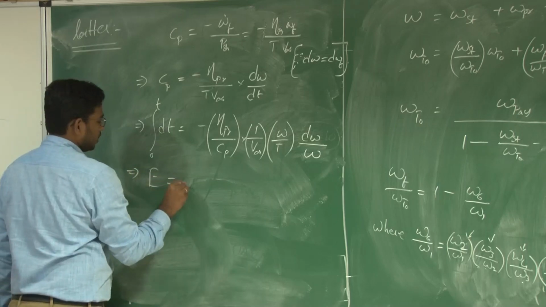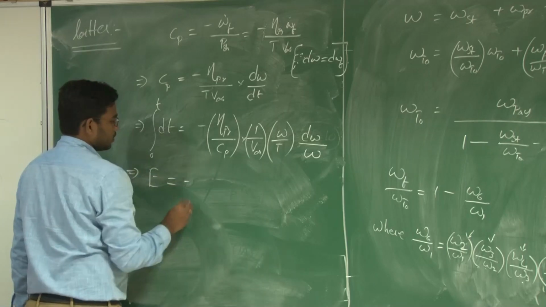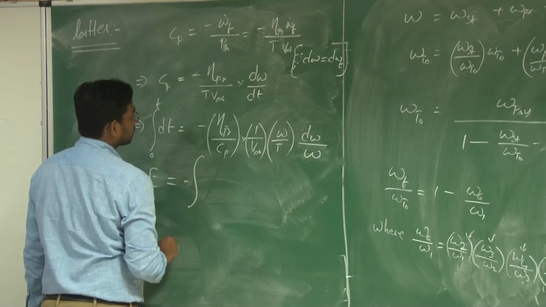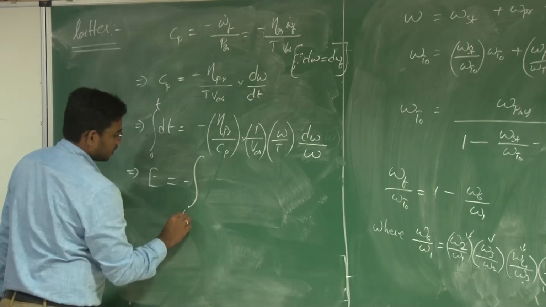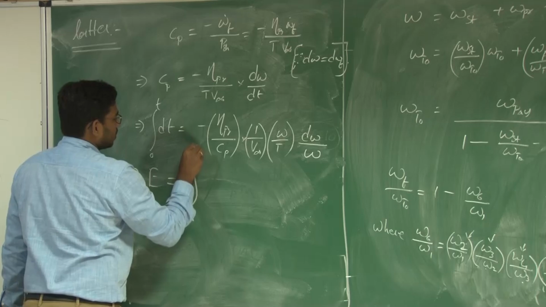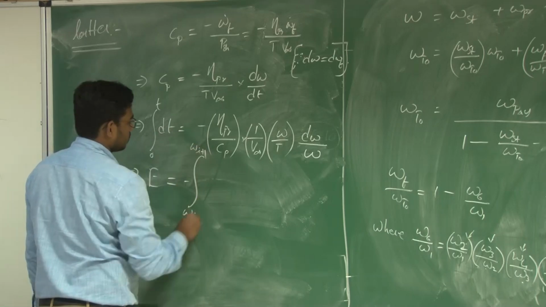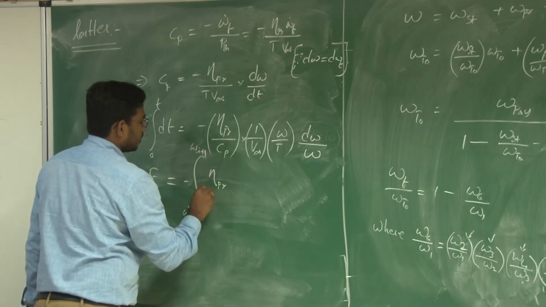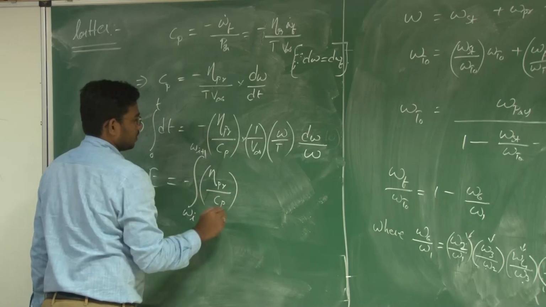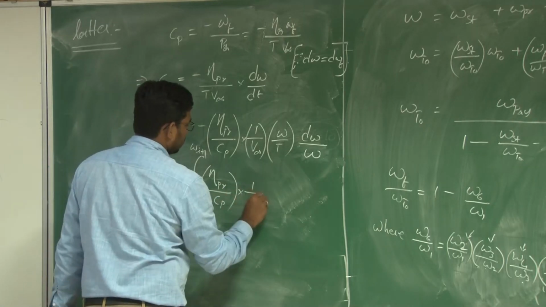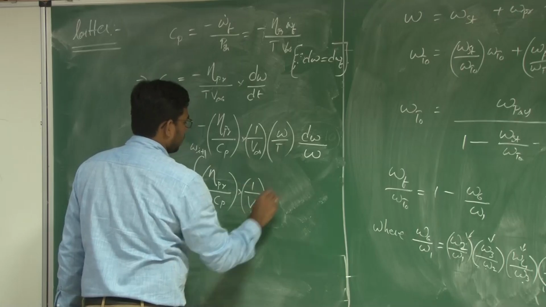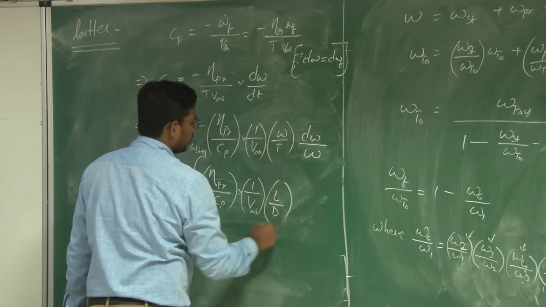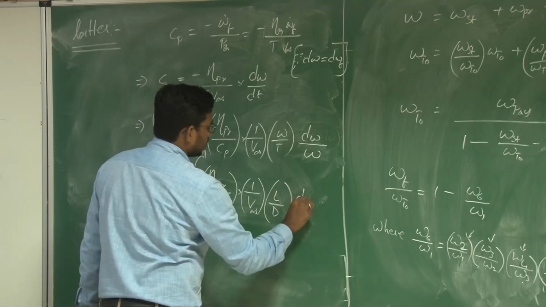So the endurance or the time of flight is equal to minus integral from Wi to Wi plus 1 of eta of propeller by Cp into 1 by V infinity into L by D into dW by W.